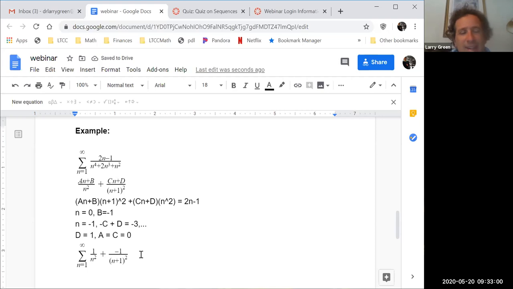All right, now comes the interesting part. For this particular example, I'm actually going to work this out. So I'm going to write down what this means.